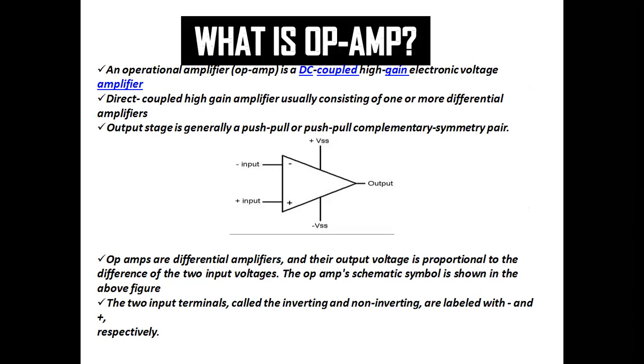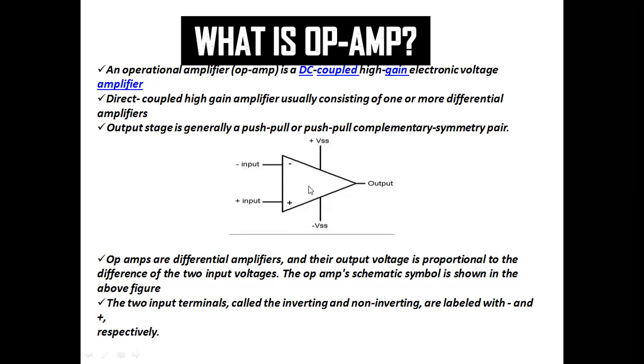The direct coupled high-gain amplifier usually consists of one or more differential amplifiers. So what does differential mean? If the amplifier is giving the difference between two inputs, as the name defines, differential, there is a difference. At that time, we can say the op-amp is a differential amplifier.